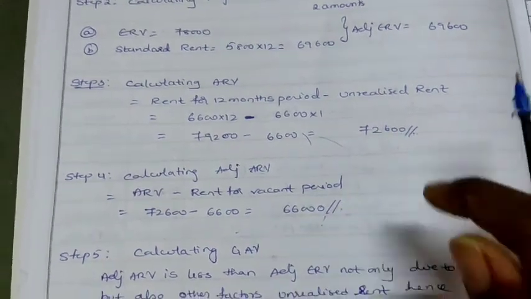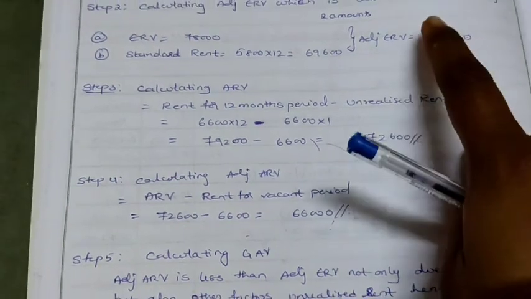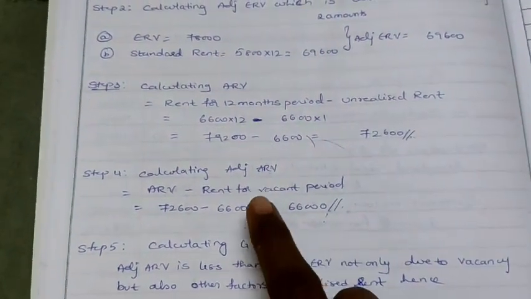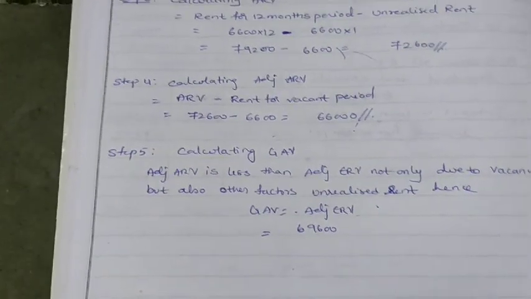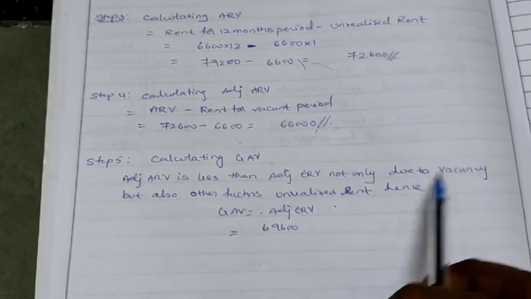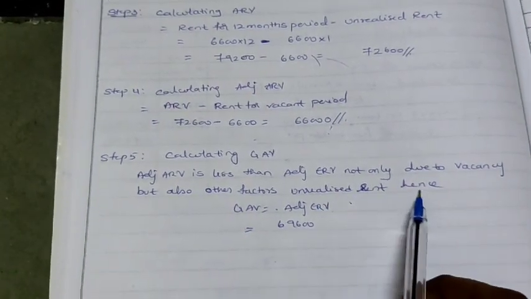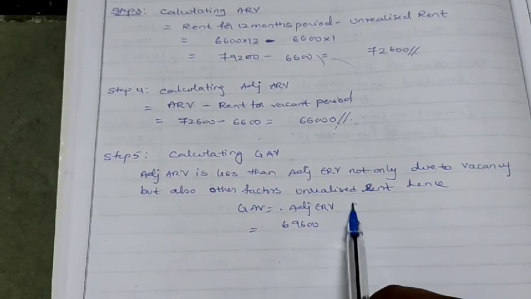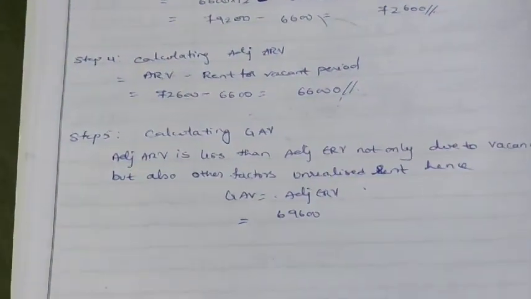Because of both factors, the adjusted ARV has been reduced. So in that case GAV is equal to adjusted ERV. Adjusted ERV is less than adjusted ARV not only due to vacancy but also due to other factors like unrealized rent, hence GAV is equal to adjusted ERV, which is 69,600.